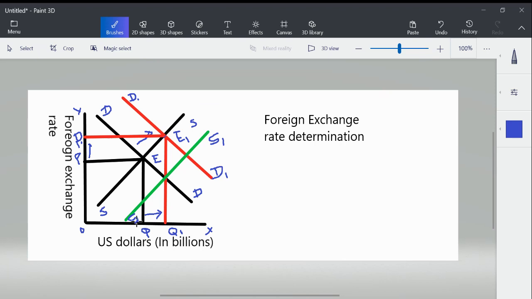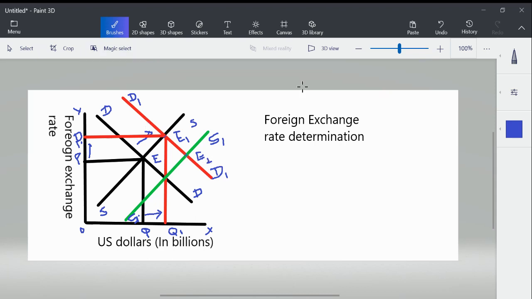What do we see? We see that the new equilibrium point is here. This is the new equilibrium point because D1 is the new demand curve, and S1 is the new supply curve. So this becomes the new equilibrium point, which we call E2.